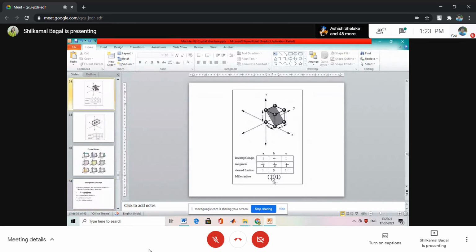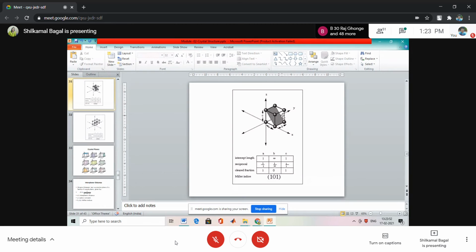Next example. Now see this plane. You can see this plane has the intercept on axis a of 1 unit. Along axis c also it cuts at this corner, which is c, and if c equals 1, the intercept is 1 unit. But see the b axis, which is along the y axis.